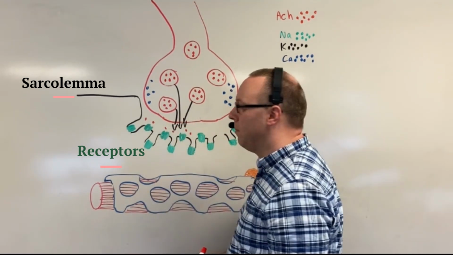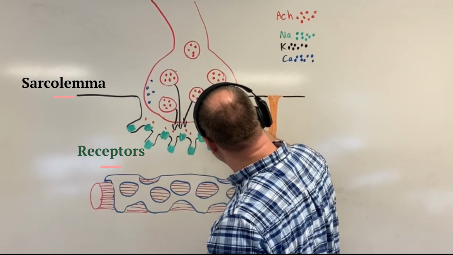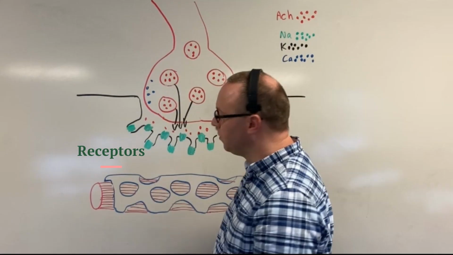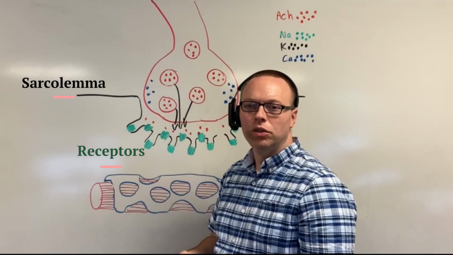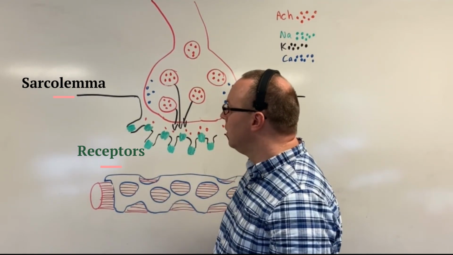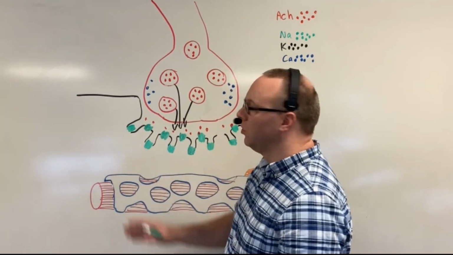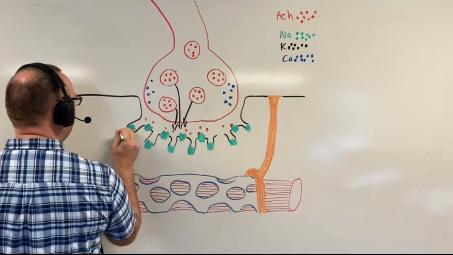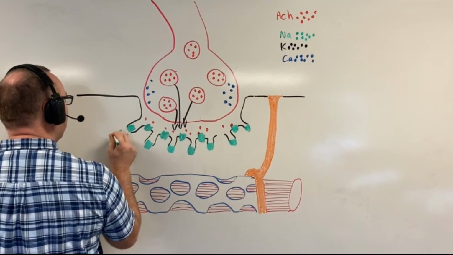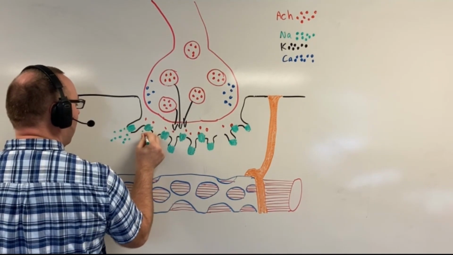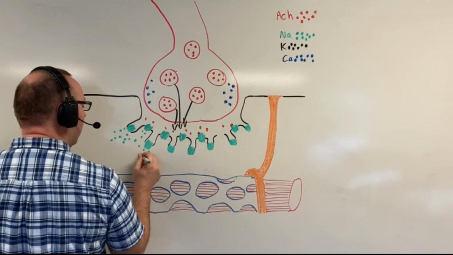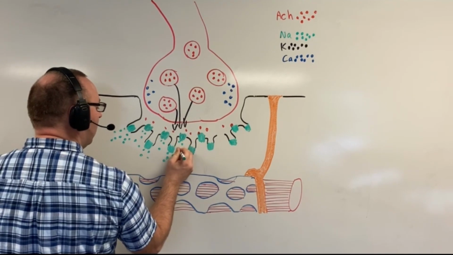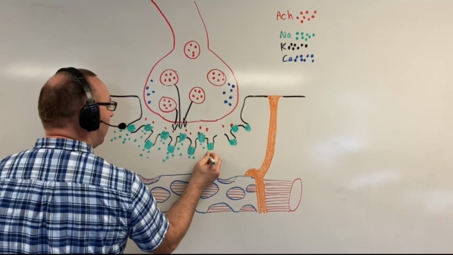To give you an idea what a nanometer is, take a meter, chop it into a billion pieces, and just take one. That's a nanometer. So for this gap, you would take 50 of those little pieces. So itty bitty, microscopic. And so we're releasing all this acetylcholine right here, and it's going to bind to these receptors. That then triggers this muscle cell to let in sodium, because whenever the acetylcholine binds to the acetylcholine receptors, sodium enters the muscle cell.